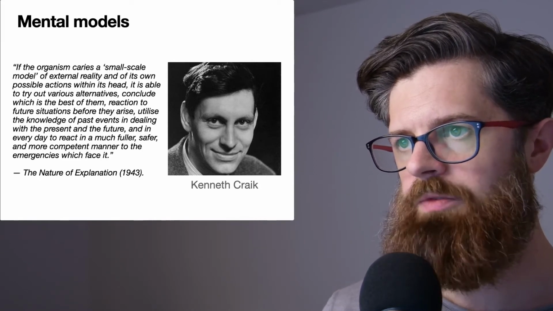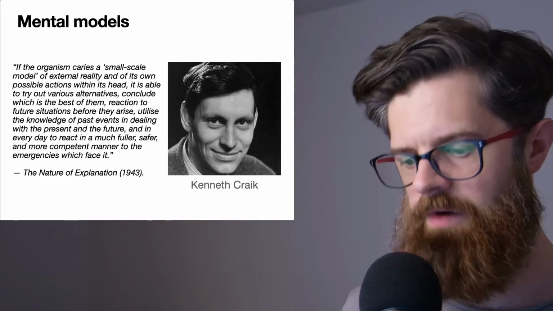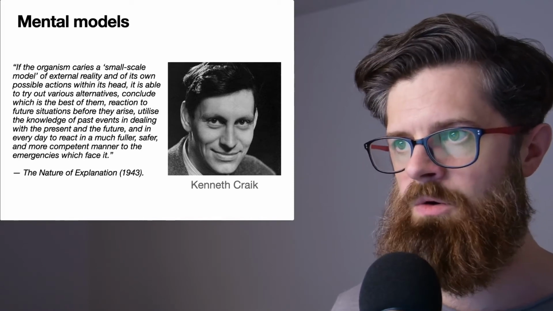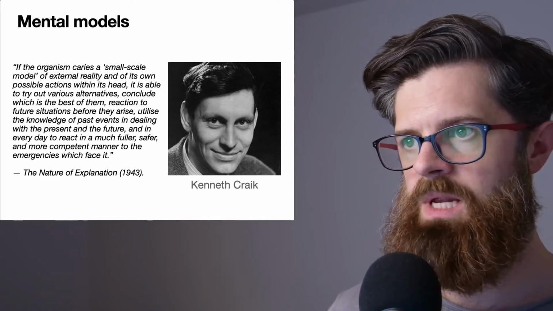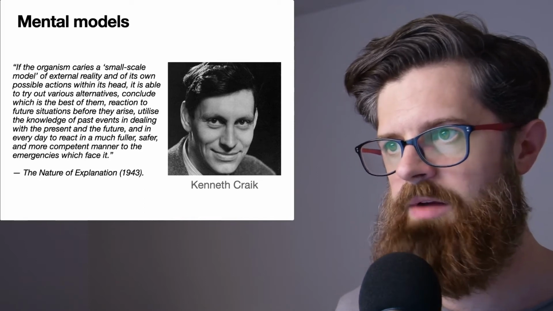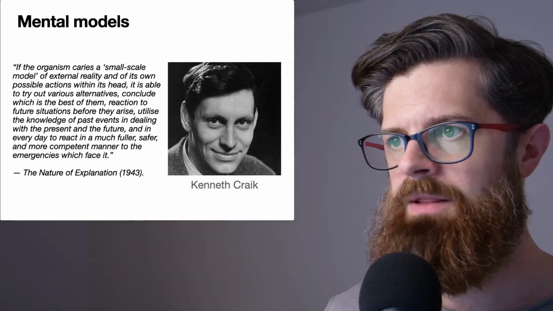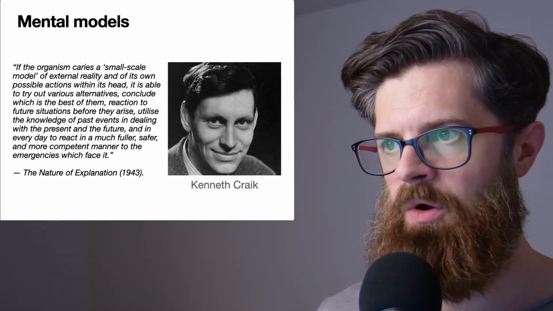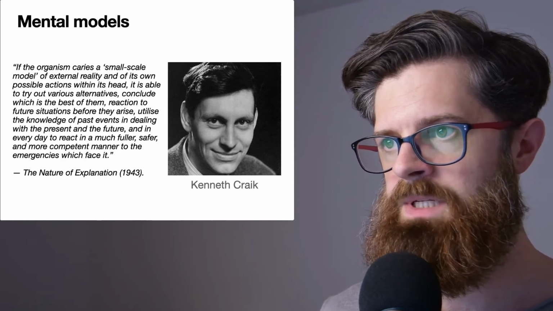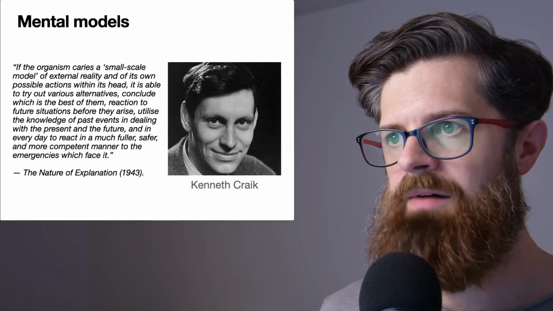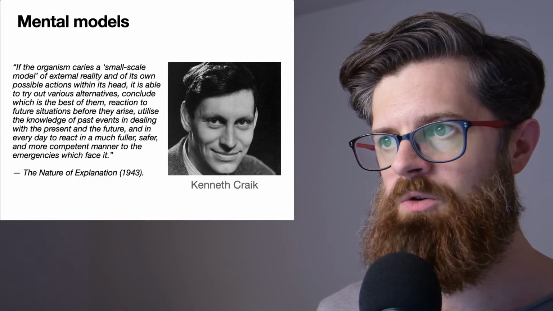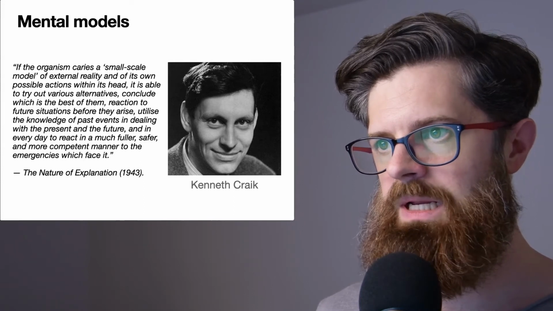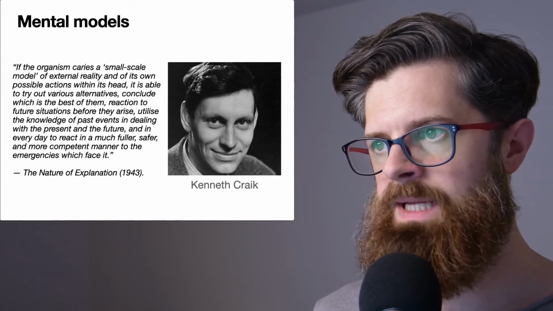So we've got this notion of an organism in the world. Could be a person, could be a cat, whatever it may be. And the idea builds upon indirect perception, in that we have our own internal mental model, and specifically he's talking about this small-scale model here.